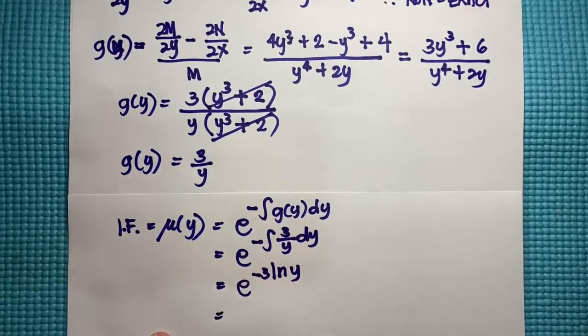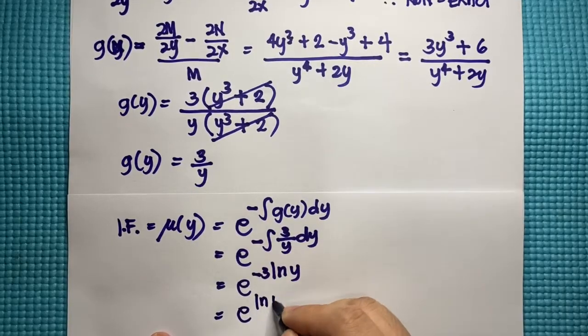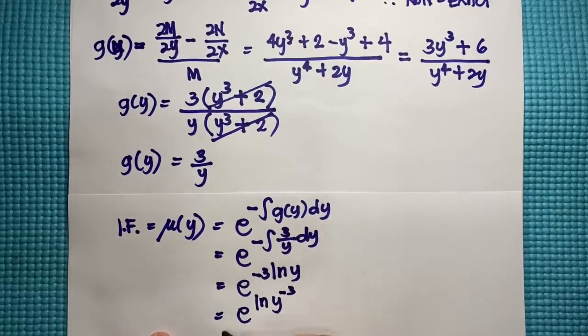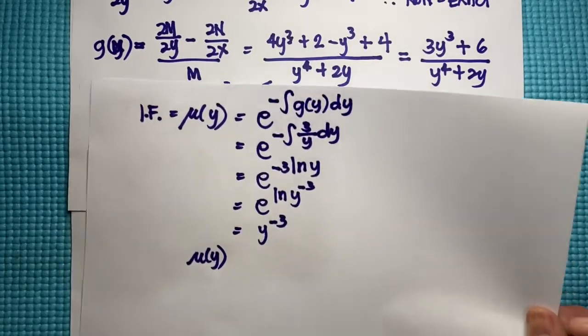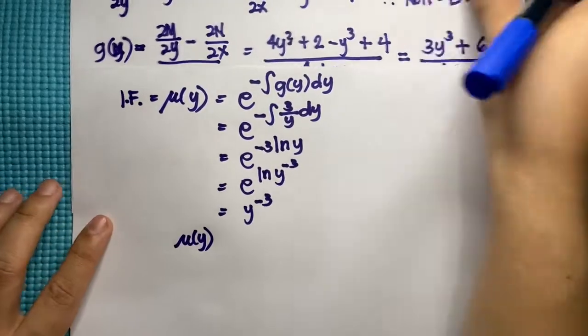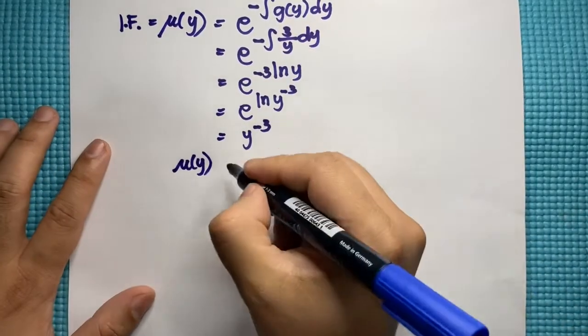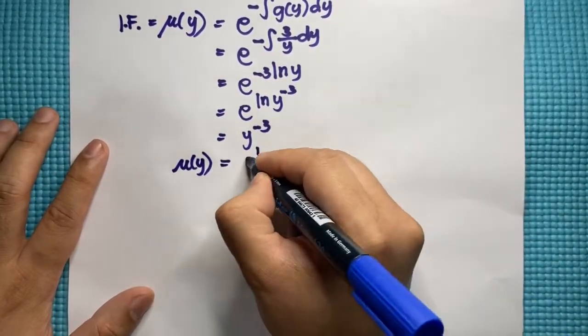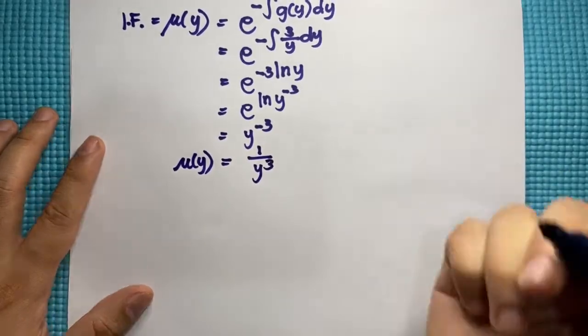In the same way, this is e raised to ln y raised to negative 3, or y raised to negative 3. So our mu of y would be equal to 1 over y cubed.